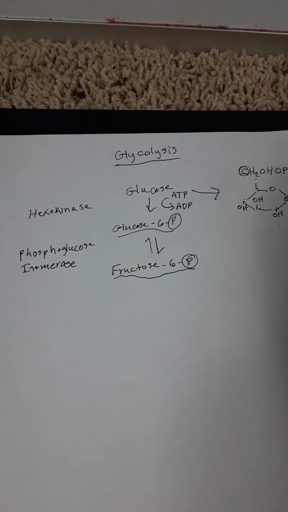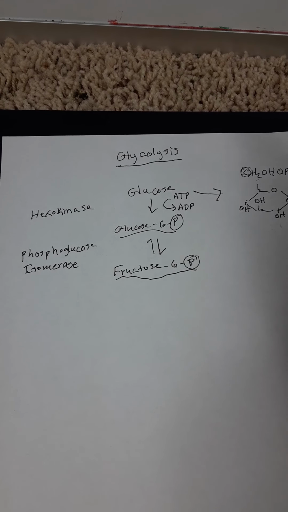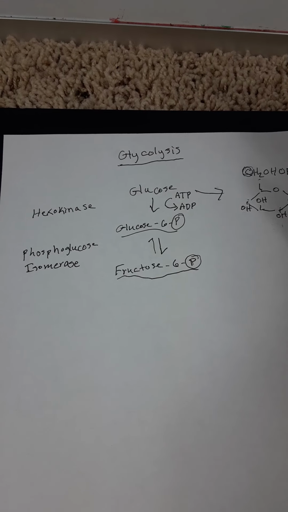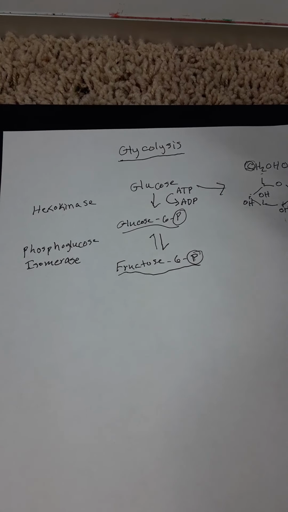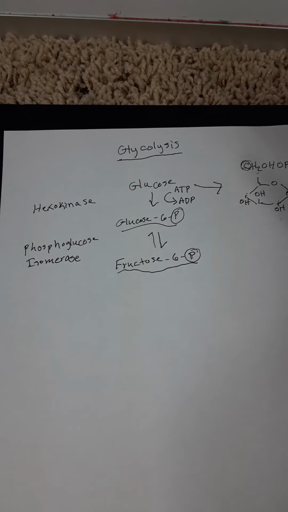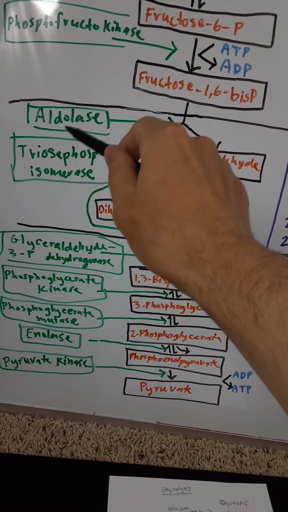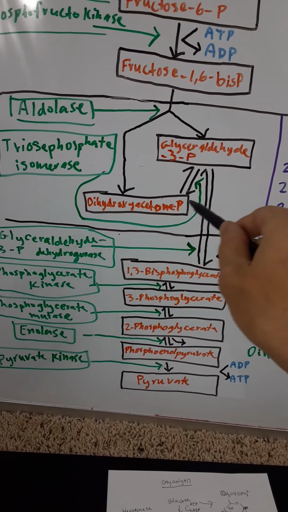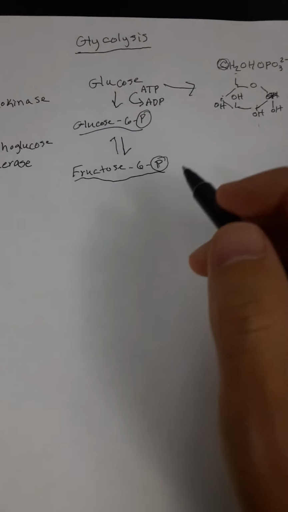Okay, and a lot of that is going to depend on what we refer to as Le Chatelier's principle, or another term is the law of mass action, which basically states whichever one there is less of, it's going to go in that direction. And that principle is actually going to be really important. I'll actually kind of show it to you up here. It's going to be really important with this right here, and I'll get to that when we get there, and I'll kind of come back on that topic and explain why.